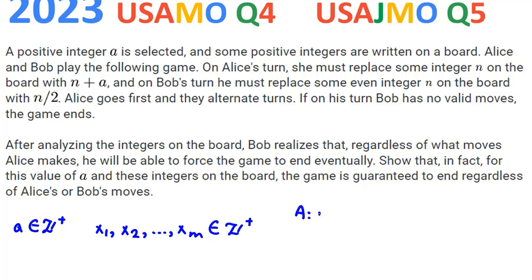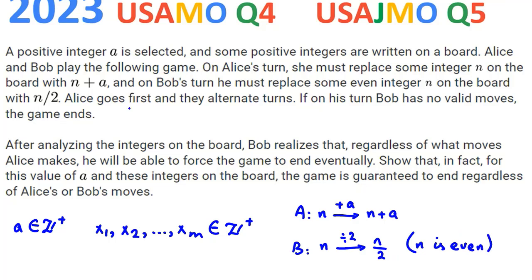So she adds a, and it will be n plus a. And on Bob's turn, he must replace some even integer n on the board with n over 2. So divide by 2, n over 2. n is even.